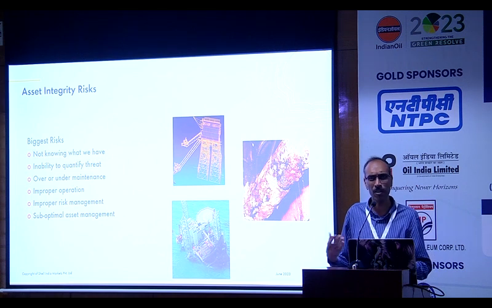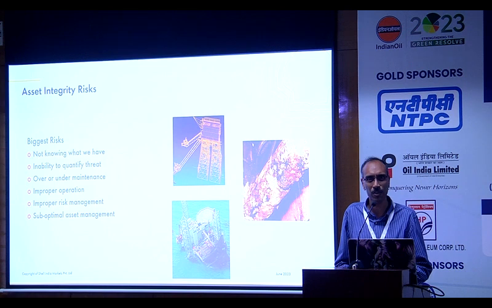It all boils down to this: are we doing optimal management of our assets? A lot of times, as the assets age, we tend to be more and more suboptimal in managing them. So it's about understanding all this and redoubling our efforts to manage our assets better and ensure that their integrity is maintained.